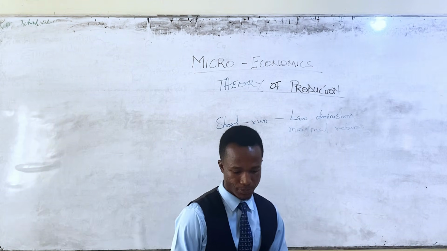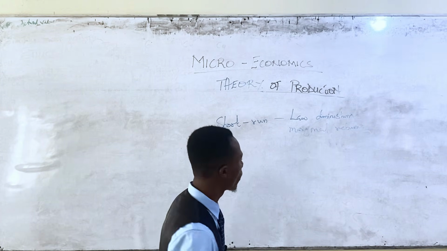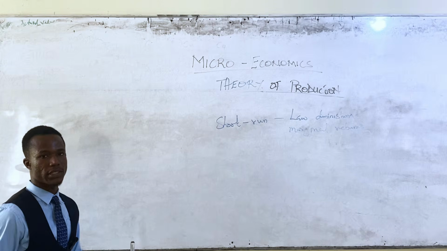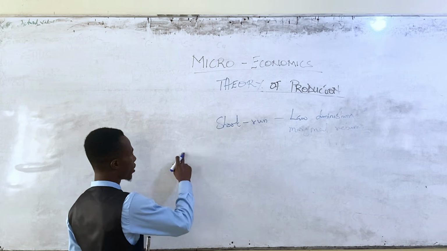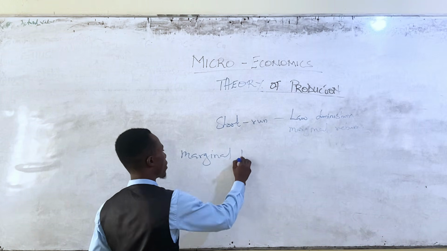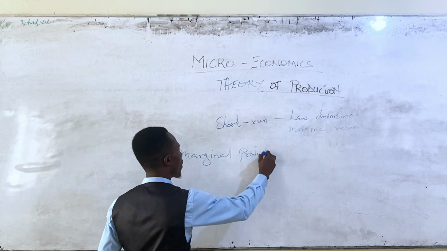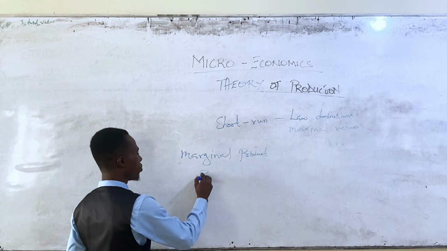Then let's look at one thing here. When you have a fraction, with total product, we are looking at the marginal product. And the marginal product is just the difference between the total product.